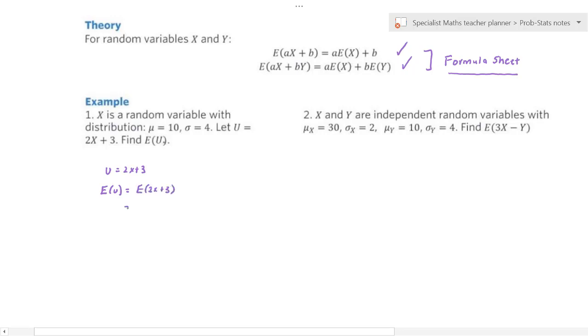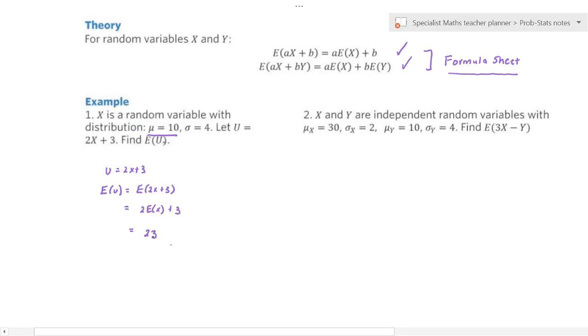If you have the knowledge at your fingertips, that would be the same as 2E of X plus 3. And of course, E of X is mu, so that's 2 times 10, which is 20, plus 3, which is 23.